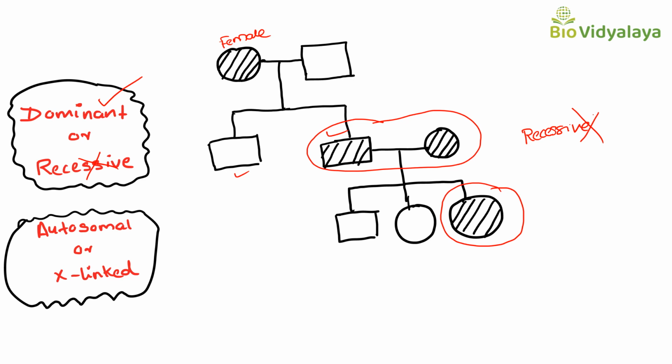So if father is affected means all the daughters should be affected, but here it is not like that. This is unaffected daughter, isn't it? So this is not X-linked pedigree. This is autosomal pedigree. That's why we can say that this pedigree is autosomal dominant.